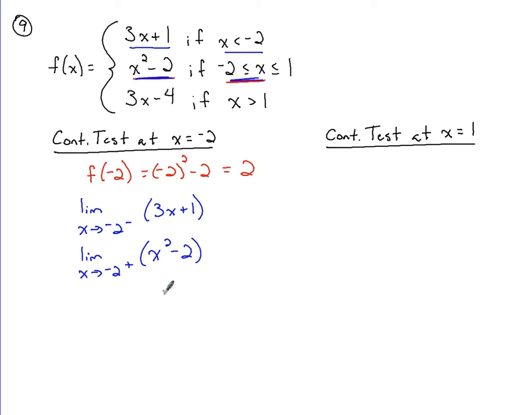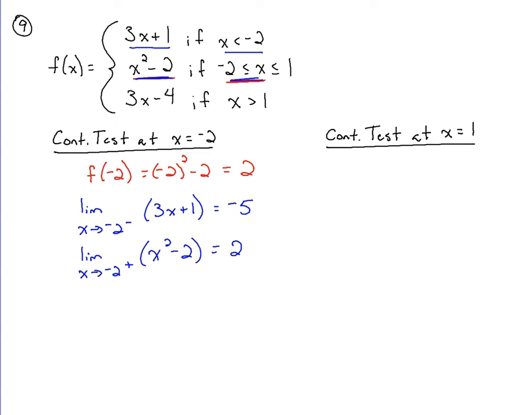Once we line up our pieces, then we just take what x is approaching here, negative 2, and we plug in. So when I plug in here, I've got 3 times negative 2 plus 1, that's negative 6 plus 1, that's negative 5. And then when I plug in here, we already know what happens. We get 2 back.